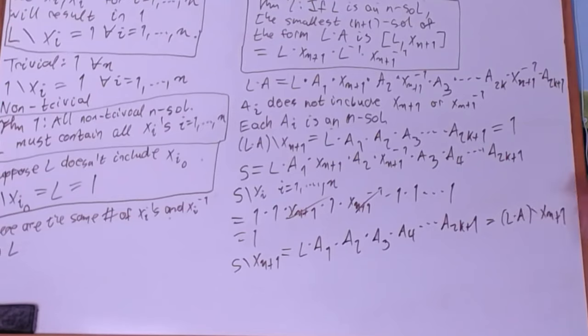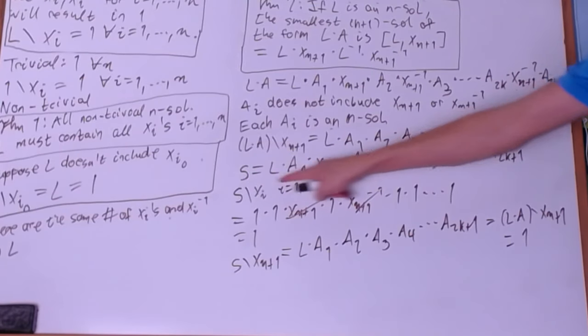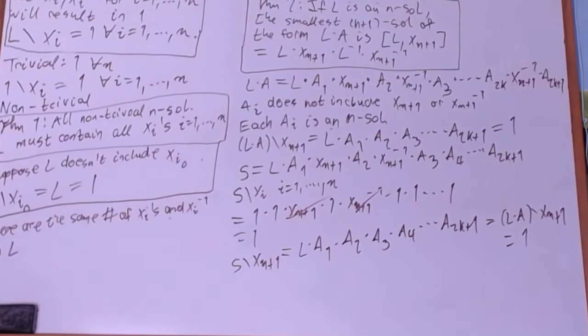And by the fact that this is a solution, we get that it's equal to 1. And so we get that this S, removing xn plus 1, is still 1 out the other end. And so that proves that this reduced S, which just got rid of those excess xn plus 1s and made it smaller, is still a valid solution.